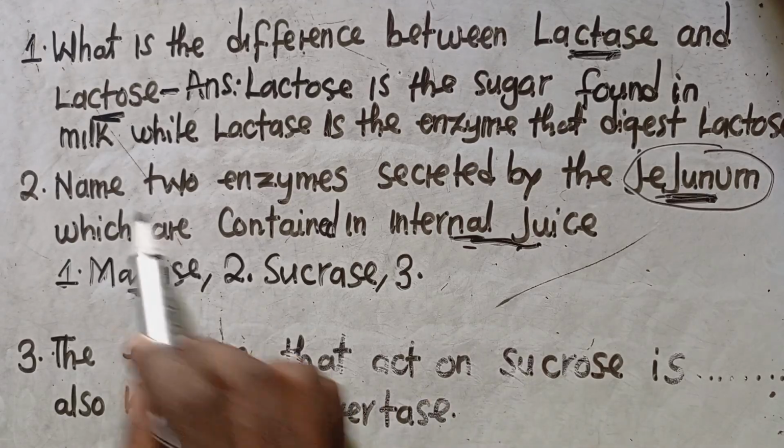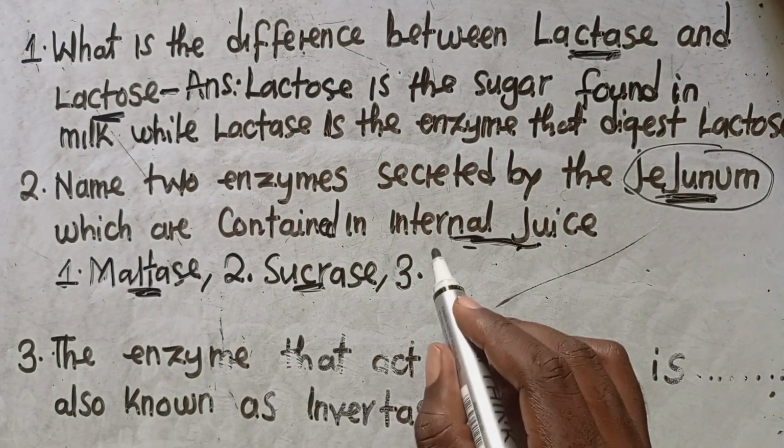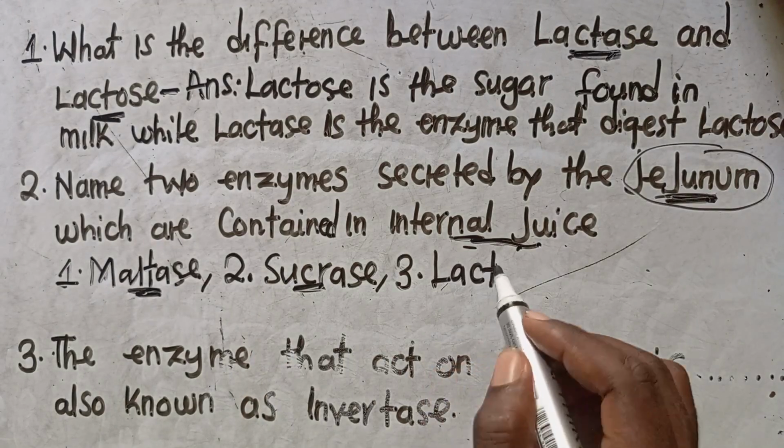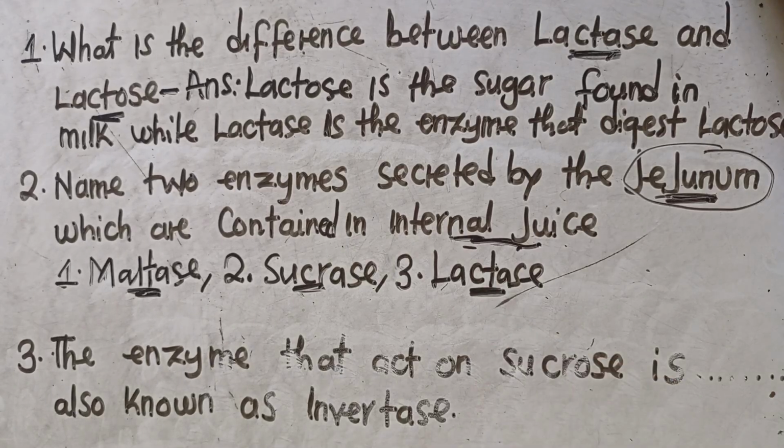The question was just to name two enzymes, so you can name this one or that one. We also have lactase, the one I just explained. I've already given you its function: it digests lactose into glucose and galactose.